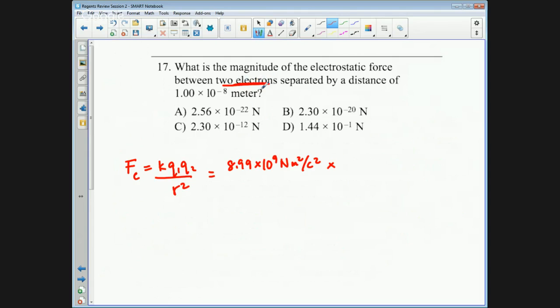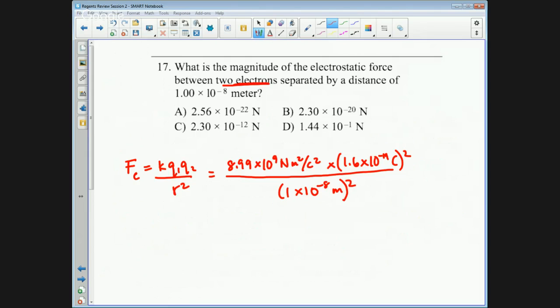2 electrons. So the charge of an electron is 1.6 times 10 to the negative 19 coulombs. And I'm just going to square this because this is 2 electrons. And the distance is 1 times 10 to the negative 8 meters. This is also squared. Don't forget to square the denominator.